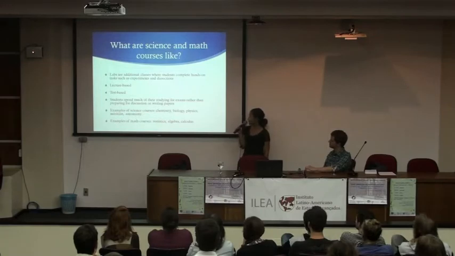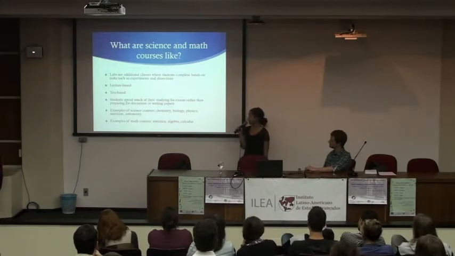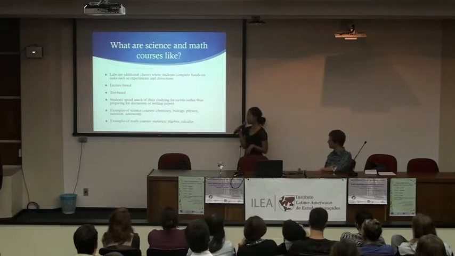So the science and math courses in the United States tend to have labs, which are additional classes where students complete hands-on tasks such as experiments and like dissections. Sometimes labs are also an opportunity for students to come and solve problems together based on the theories they learned in class. But they're essentially just additional classes that you may not get extra credit for.